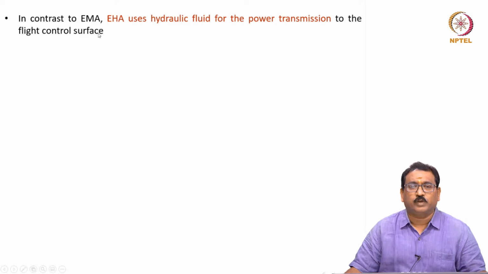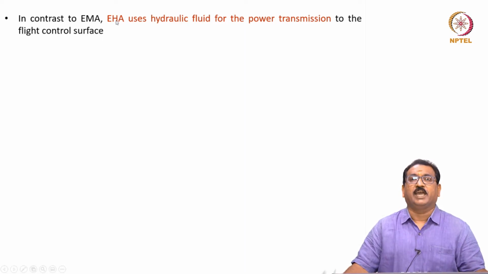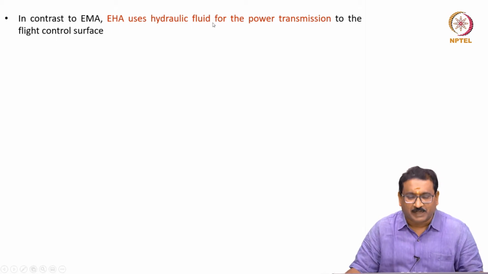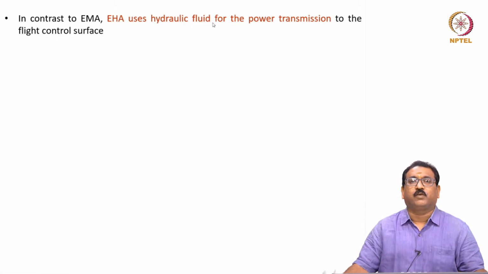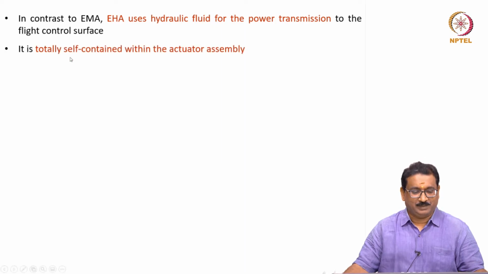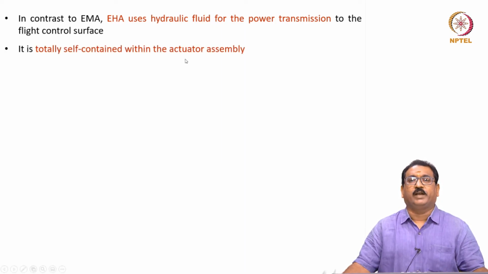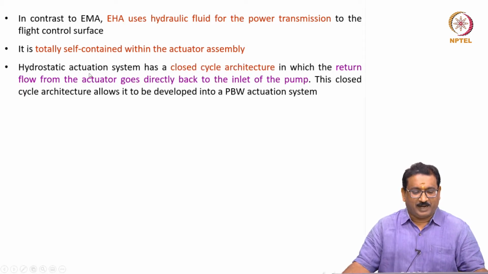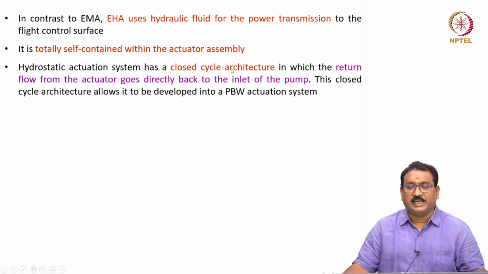In contrast to EMA, EHA uses hydraulic fluid for the power transmission to the flight control surface. It is totally self-contained within the actuator assembly. The hydrostatic actuation system has a closed cycle architecture.